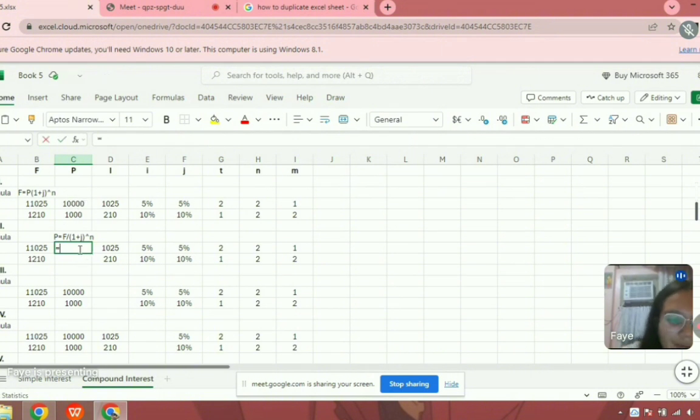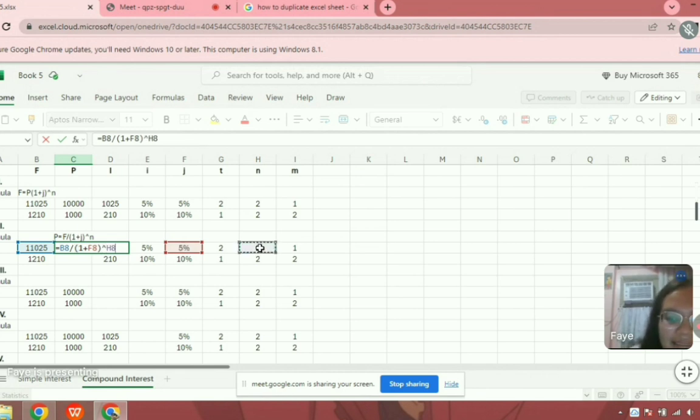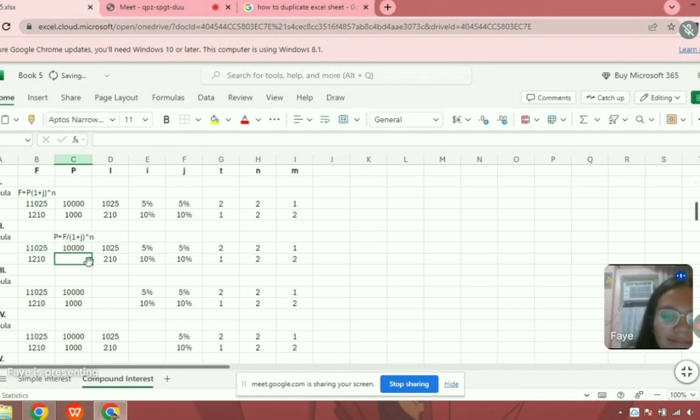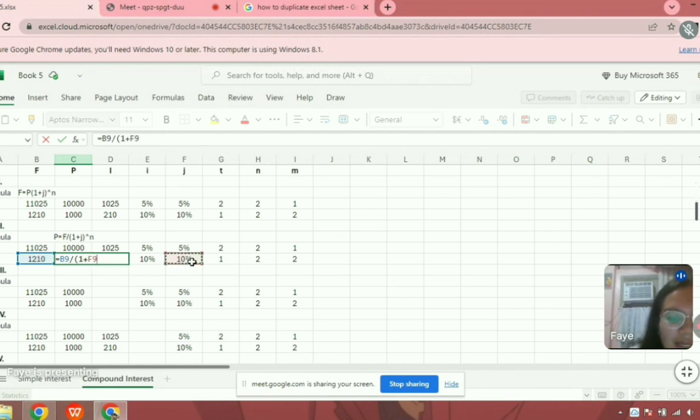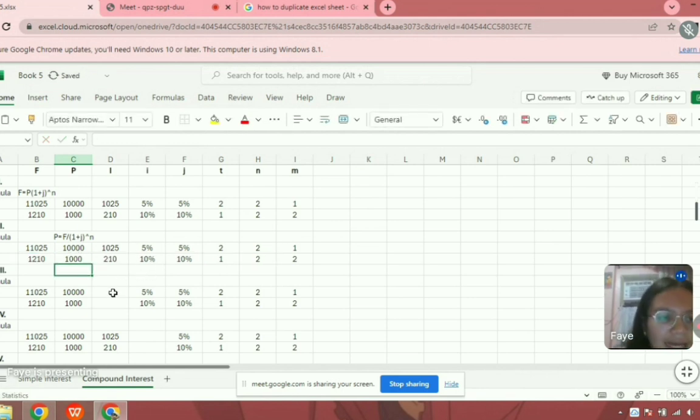So equal to the future value over quantity 1 plus j raised to n, which is 10,000. Next, we have future value over quantity 1 plus j raised to n. There we have it, 1,000 as our principal value.